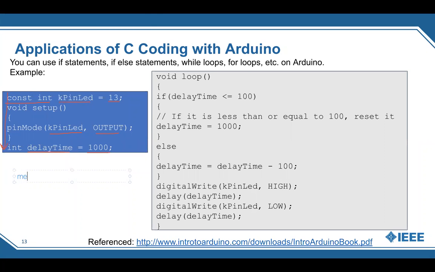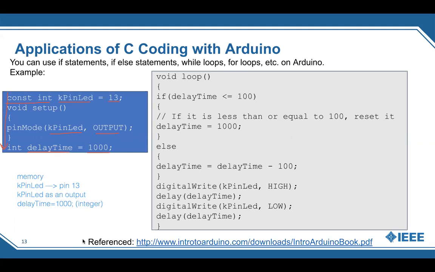So in memory for the computer, it's going to have K pin LED set to pin 13, and then K pin LED as an output. And then we're also going to have the delay time as another variable, and the delay time is going to be set to 1,000. And that's going to be an integer, so you know the data type.